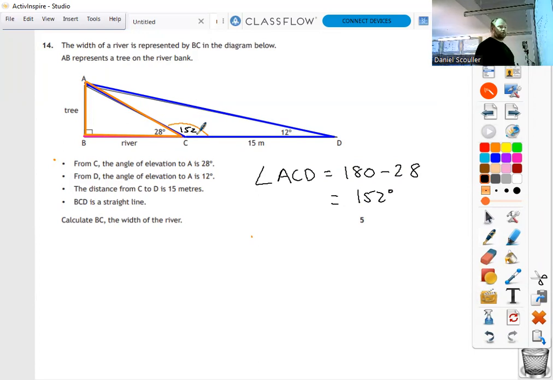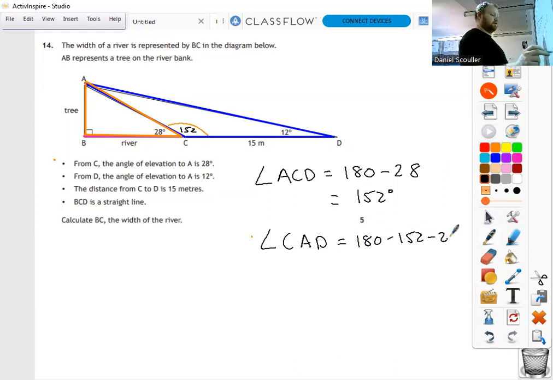That means we've got two angles of that triangle. All three angles in a triangle add up to make 180. That means angle CAD is equal to 180 minus 152 minus 12, which is 164, so 16 degrees. We've now got three angles and one bit of information.